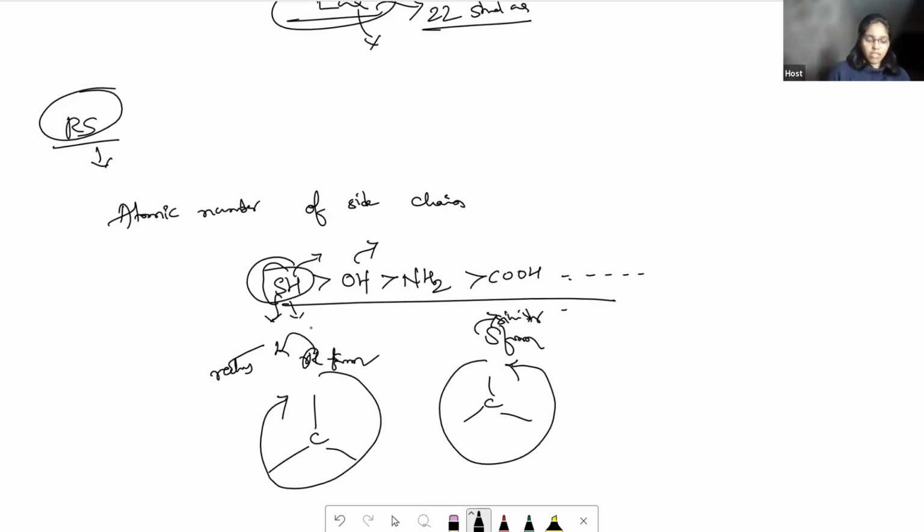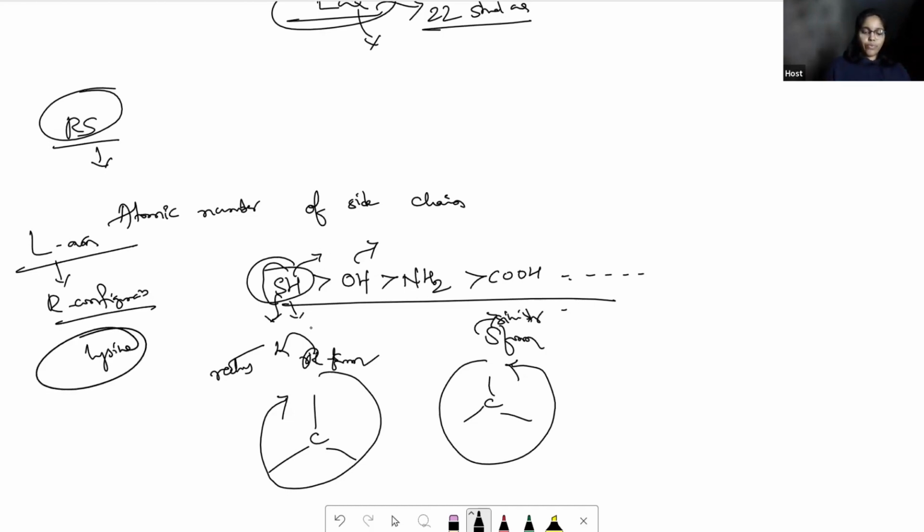All the L amino acids that we have discussed will have the R configuration except lysine. Can anybody guess why? Sorry, except cysteine. Except cysteine, all L amino acids will have the R configuration. You can guess it.